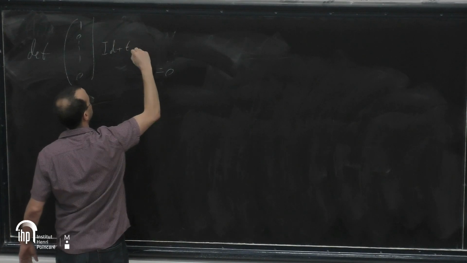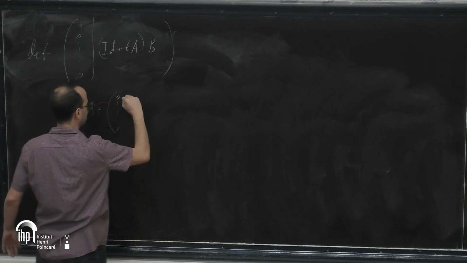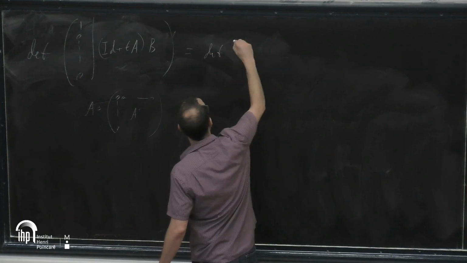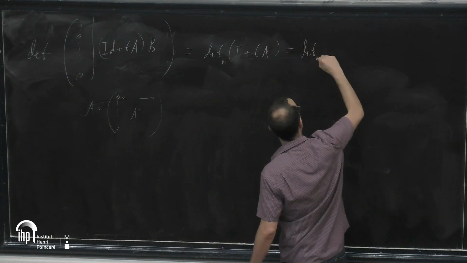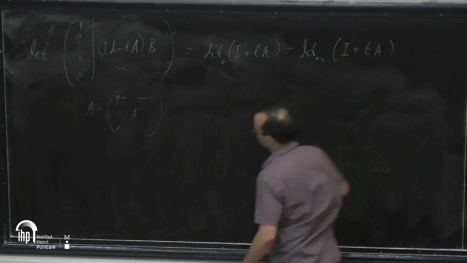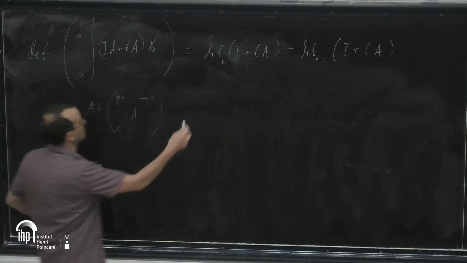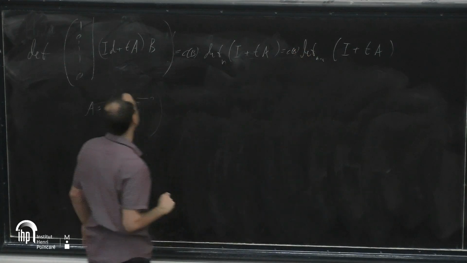I claim that if I have a matrix of this form, 1, 0, 0, 0, and then here identity plus t times some matrix B, and A was a matrix like this, with some A prime, then this is the same as the determinant of I plus tA prime, times some function of B, which is non-zero.